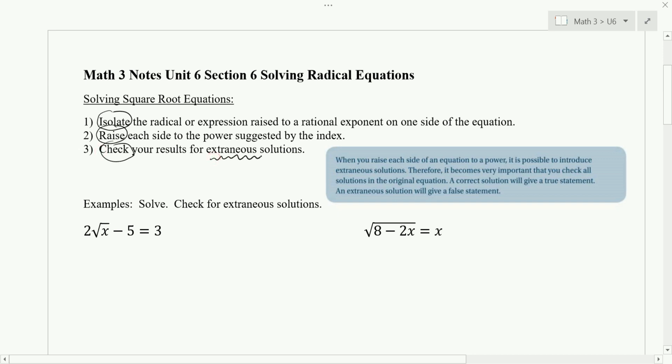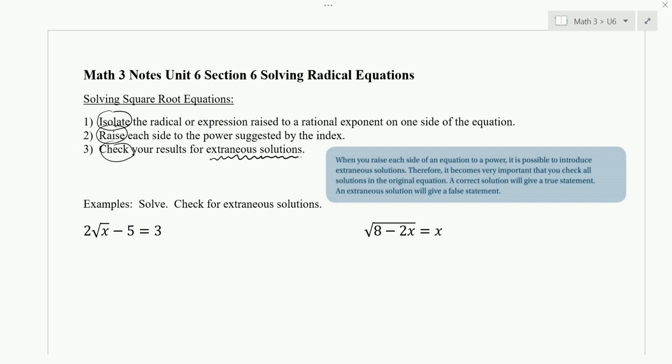Do you remember what an extraneous solution is? It's like you do all the work correctly, but that solution still doesn't work, so you have to check it. We did that with rational equations, with fractions. We got a solution, then plugged it back in, and had to throw it out because it made you divide by 0 or it didn't work out.